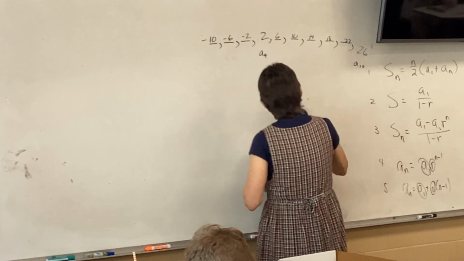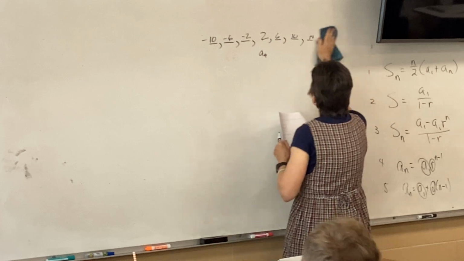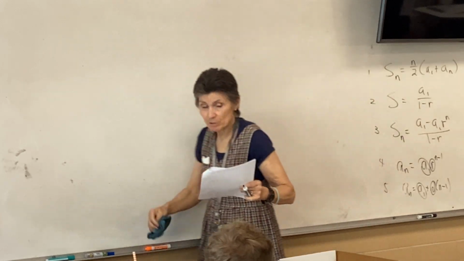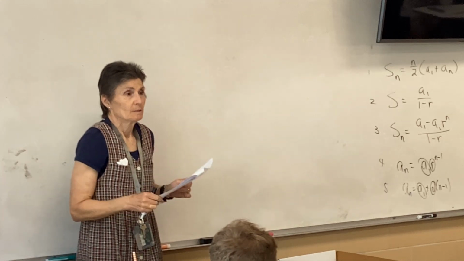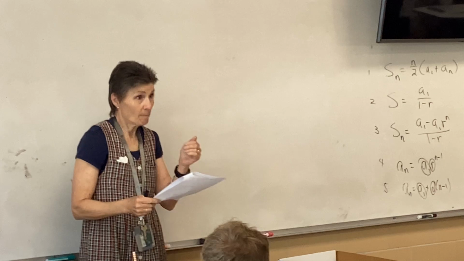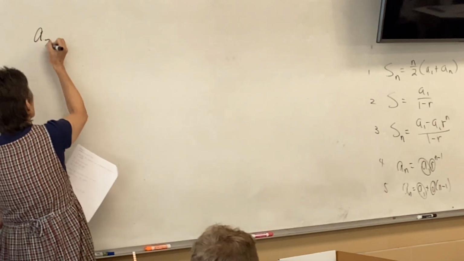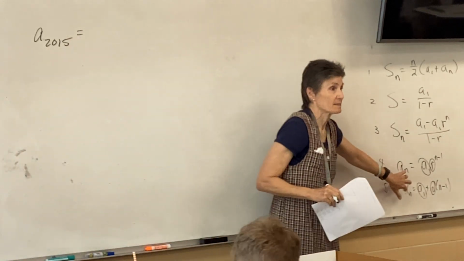Which one are you gonna use for problem A? 5. We're gonna use 5. Why are we using 5 for problem A? First of all, it's an A sub formula. And if you're doing an A sub formula or problem, you gotta use one of those formulas.